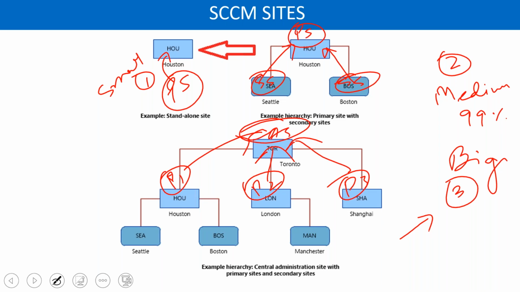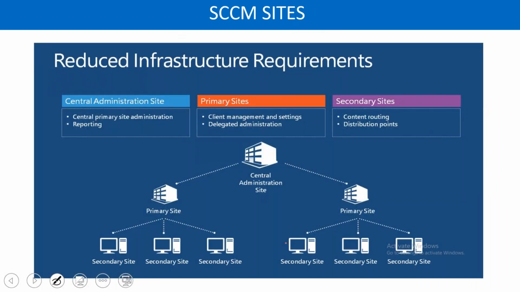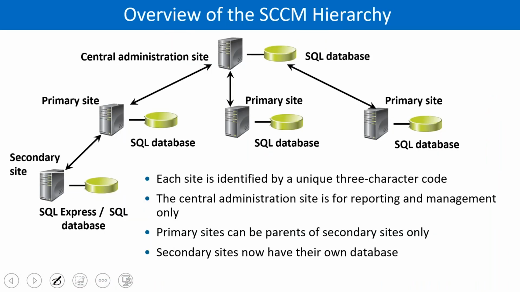CAS on the top, then primary, and then you will have secondary in branch offices. Clear, Mani? Yes, bro. Clear.